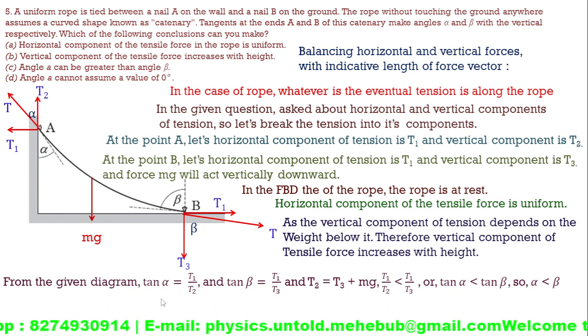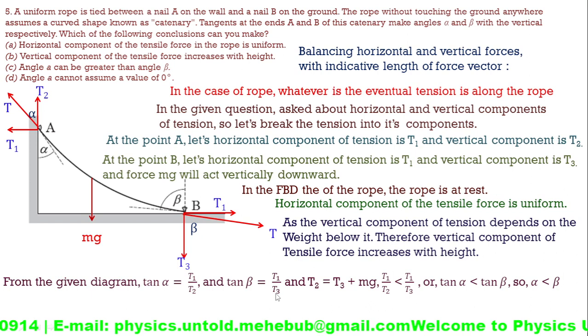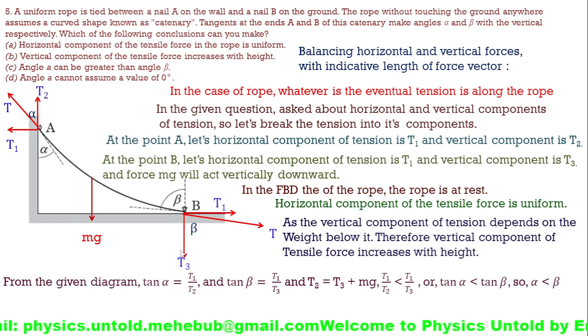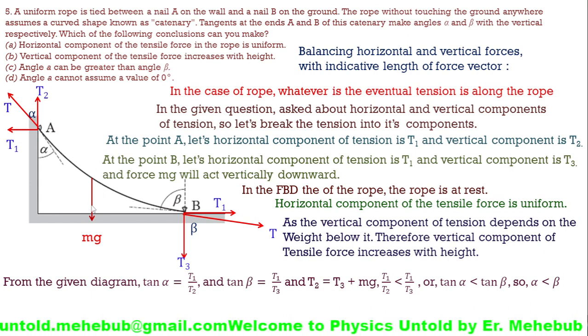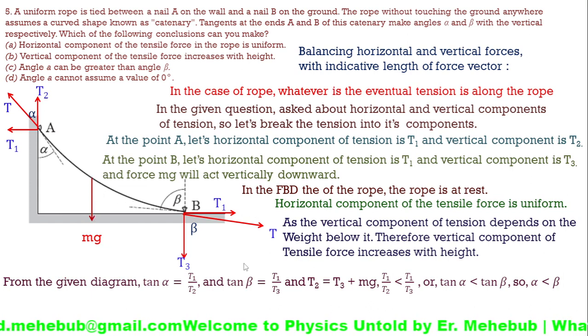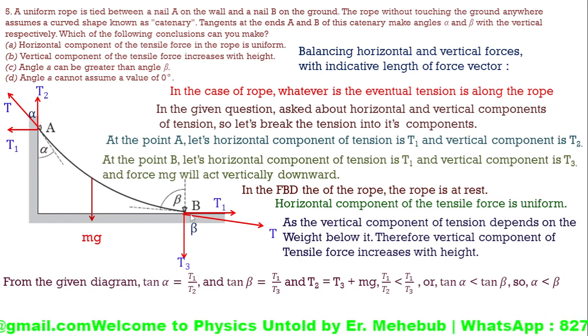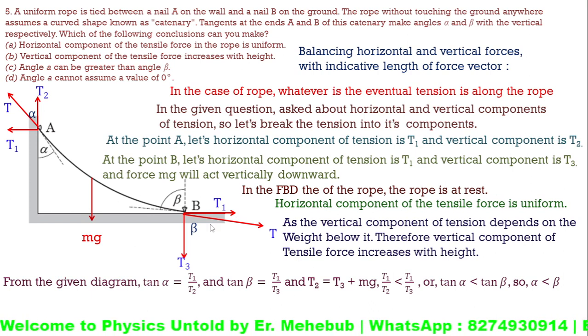From the given diagram, tan alpha equals T1 divided by T2 and tan beta equals T1 by T3, and this T2 is equal to the weight mg plus the tension T3, as per our given FBD or diagram.